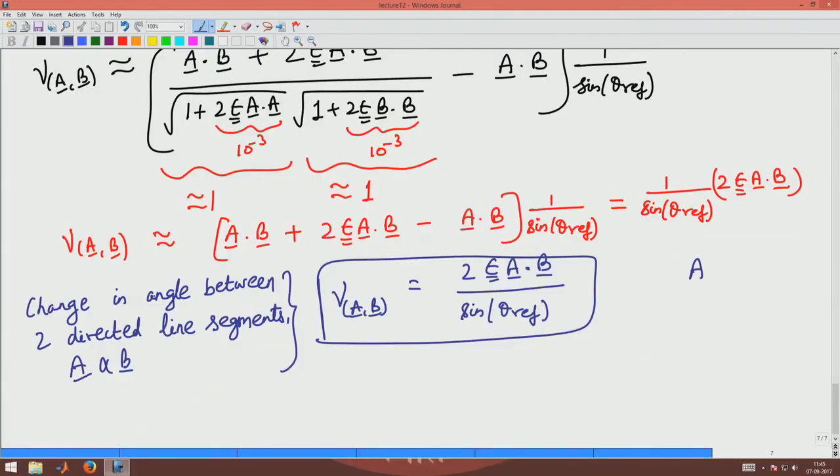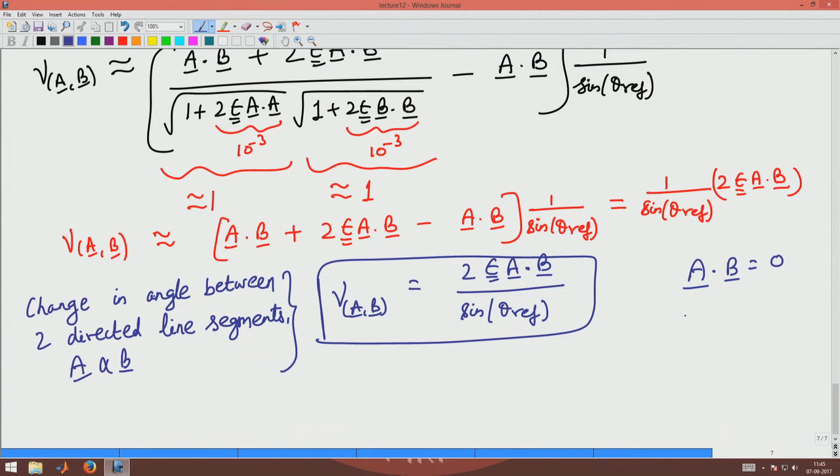Now, let us say A dot with B is 0. What can you say about A and B? If A dot with B is 0, you can say that the angle between A and B, theta ref, is pi by 2 or 90 degrees. Right. Okay. Then what is sin pi by 2 or sin 90?